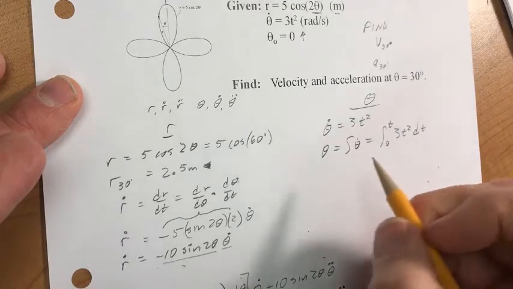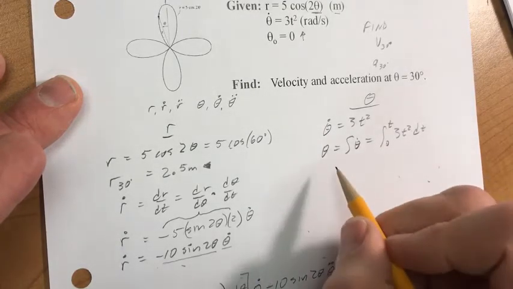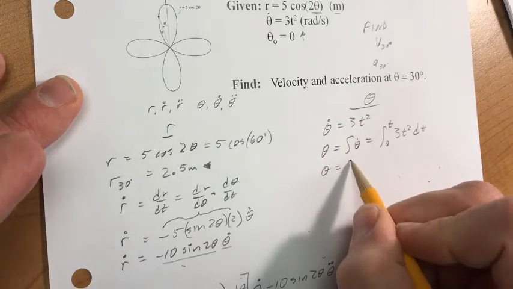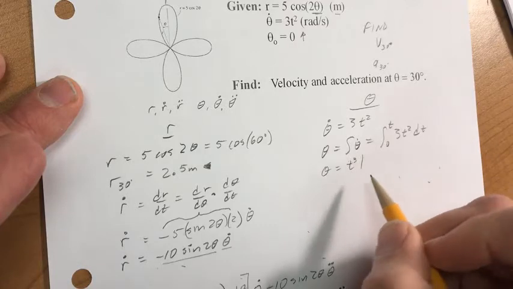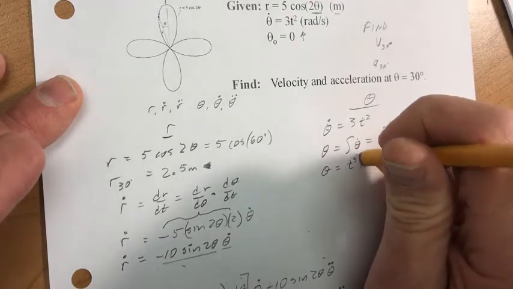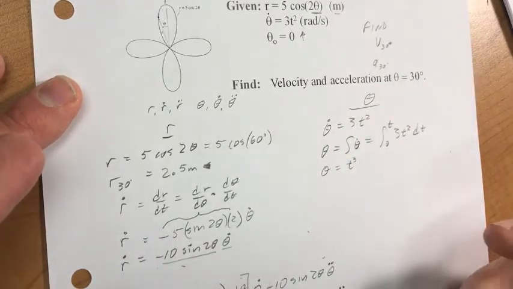So when we integrate that, it's pretty easy, right? Theta equals t cubed from 0 to t, so that's just t minus 0. So theta equals t cubed.